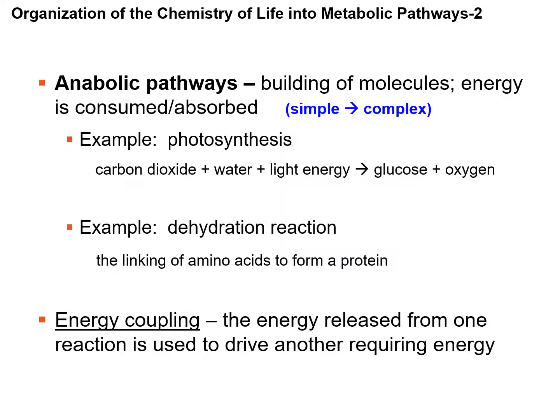Energy coupling refers to the transfer of energy from catabolism to anabolism, meaning that energy released from a catabolic pathway can then be used to drive an energy requiring anabolic pathway. In a sense, the catabolic drives the anabolic. We will consider the concept of energy coupling in more detail later in the chapter.